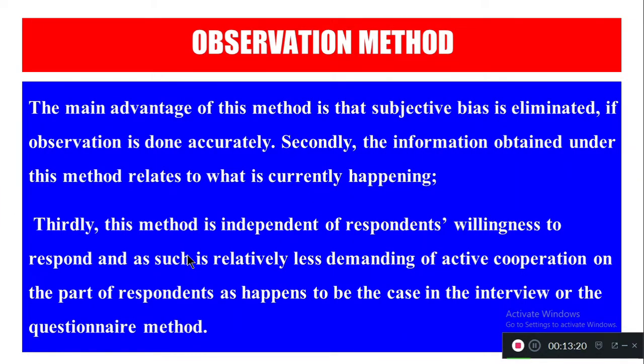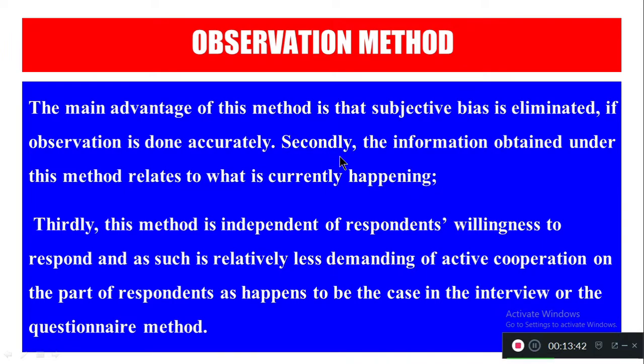For example, the shopkeeper might tell you this product is moving very fast, but that may be wrong also. But when we see directly which product is moving fast, subjective bias is eliminated. If observation is done accurately, we get good results. We can get findings accurately.